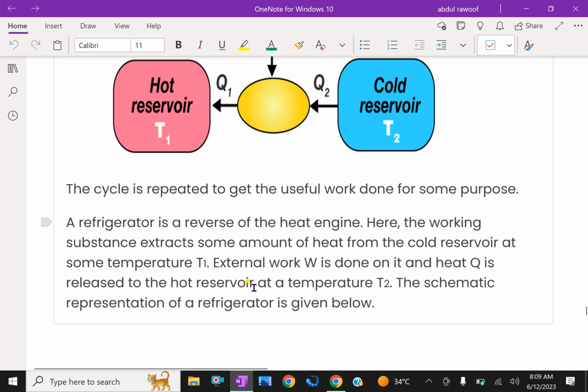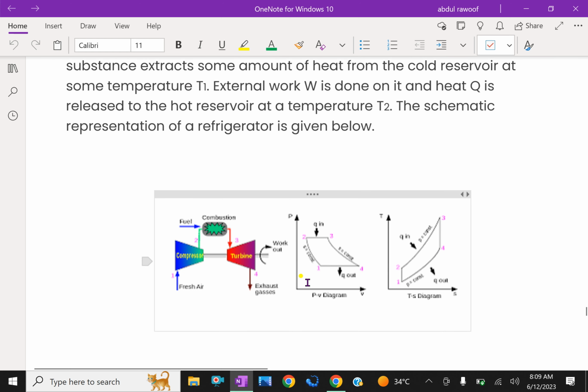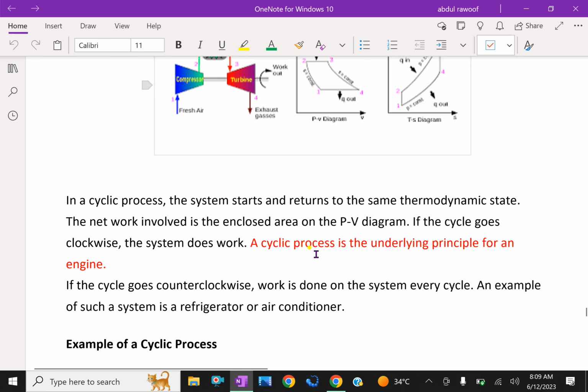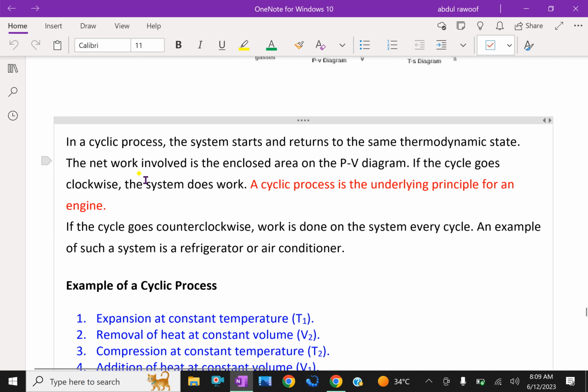The schematic representation of a refrigerator is given below. Here, this is a turbine, gas turbine or steam turbine. Schematic arrangement is there.